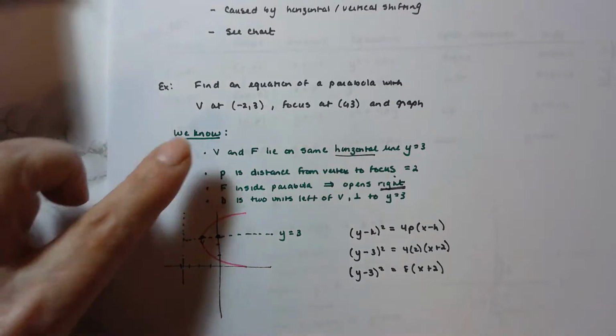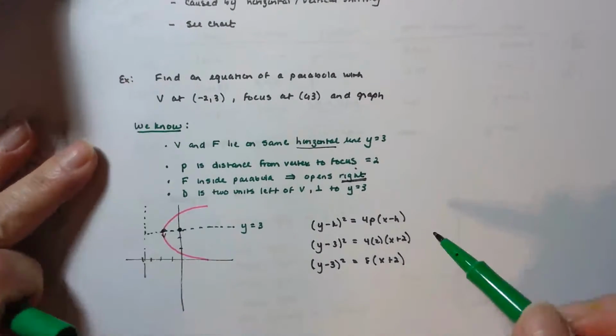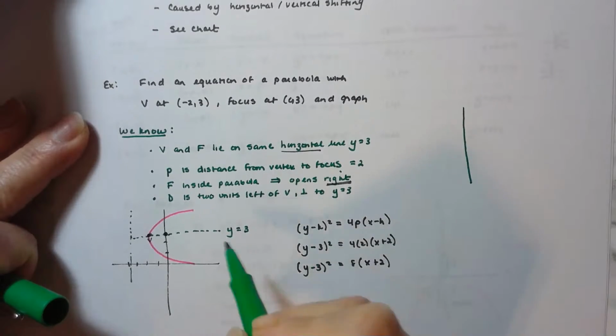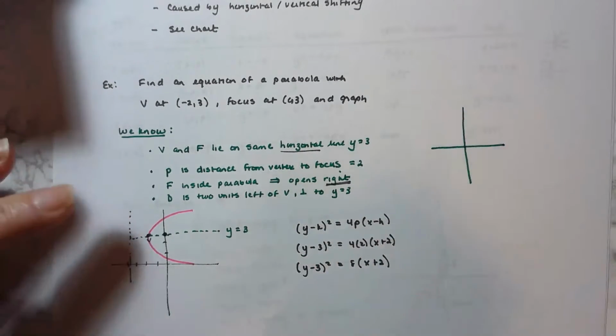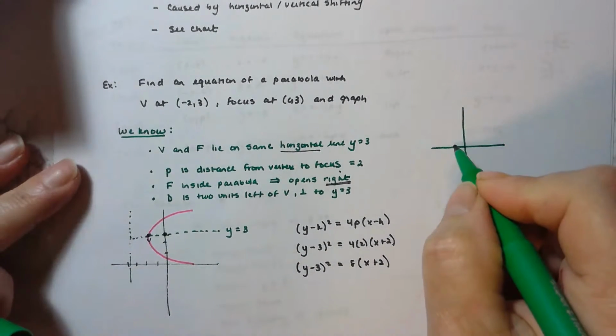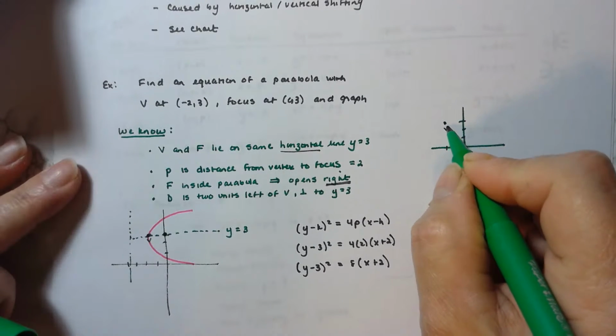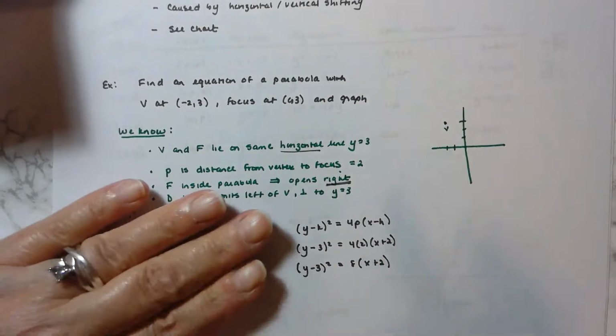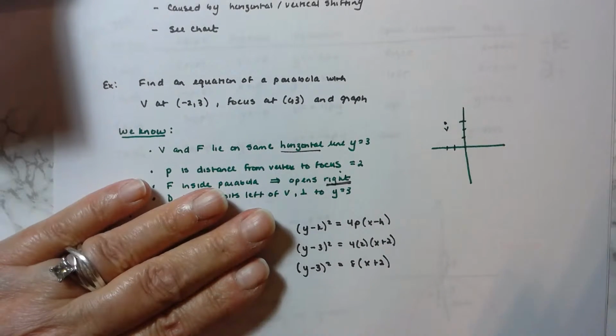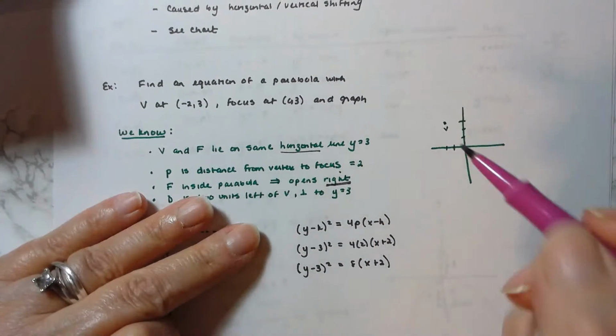Well, if I plot the point over here, I go to the point -2, up 3, and I plot my vertex there. At this point, I may not know if it opens left, right, up, or down. That's okay. I have my vertex, and I know my focus is at the point (0, 3).